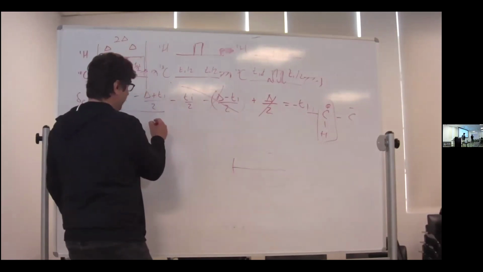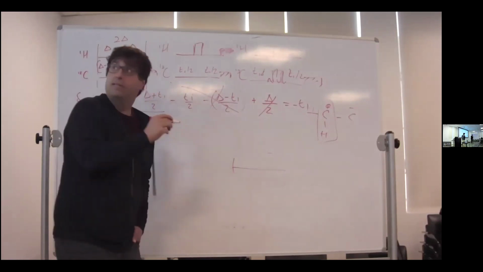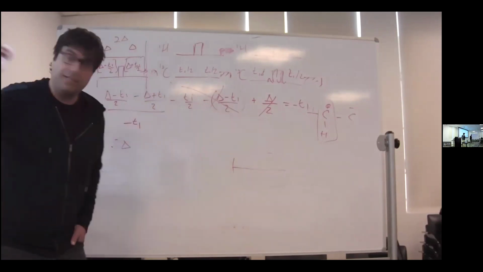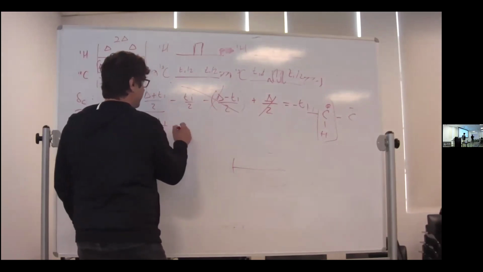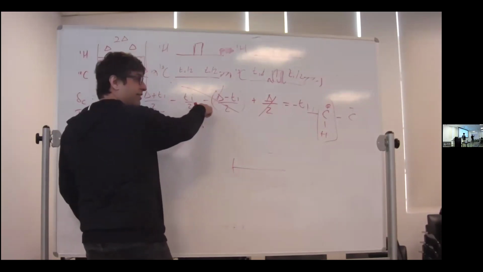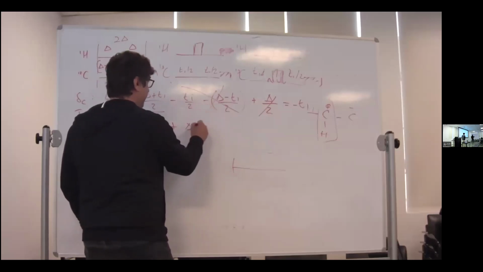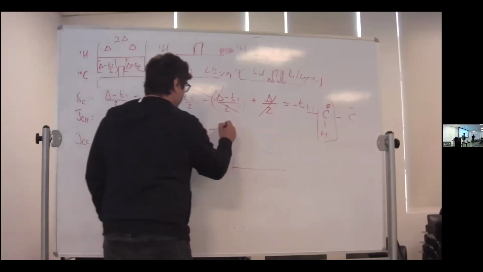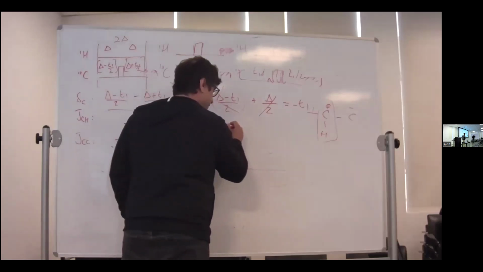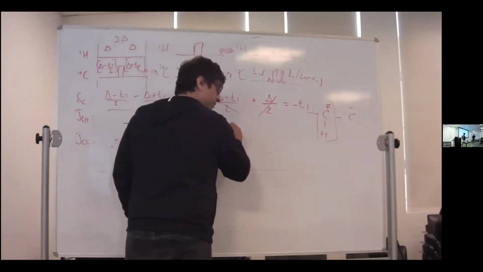Yeah. Then what? Minus T1 over 2, minus T1 over 2, plus, plus. Do you notice the difference? So now we're going plus delta, delta minus T1 over two. Then minus delta over two, minus delta over two, delta over two.